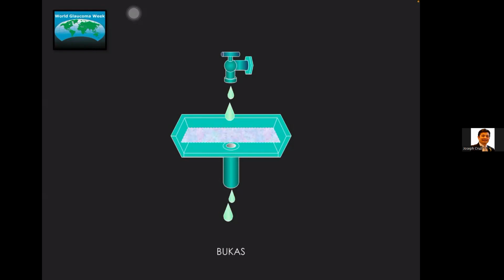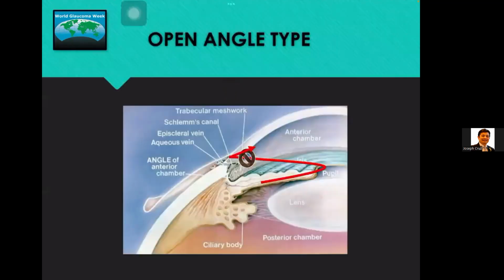Bringing with it all the wastes that comes out from the basin. Ganun din po sa mata. Yung linalabas din po ng ating aqueous humor, meron din po mga waste materials din pong linalabas po niya. So that's how more or less the drainage system within the eye functions.